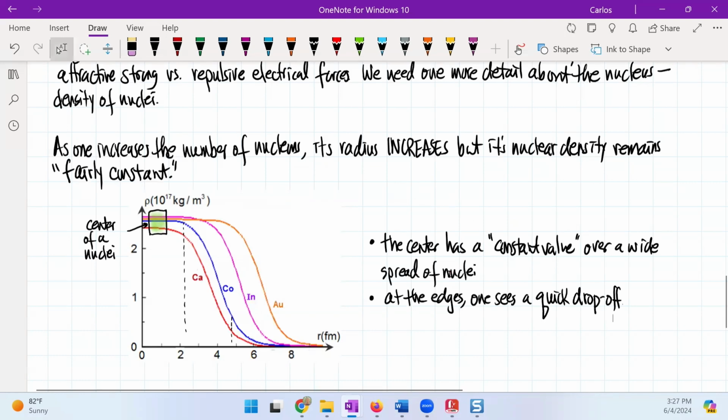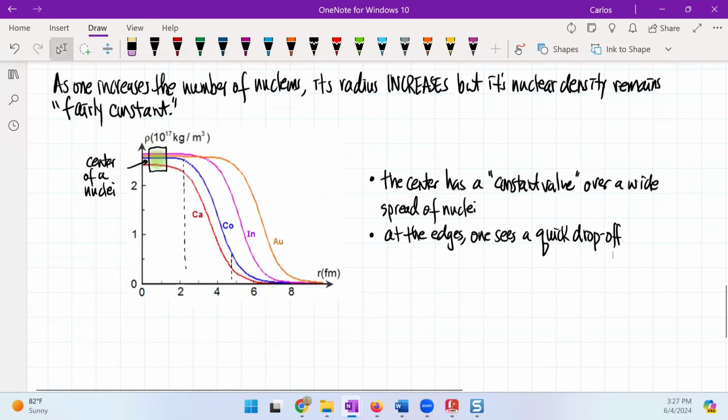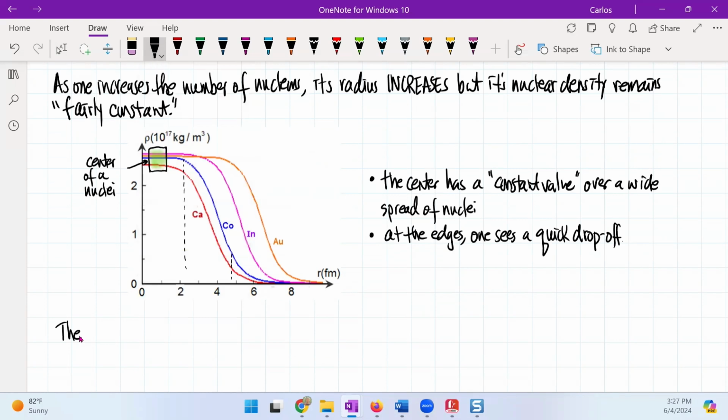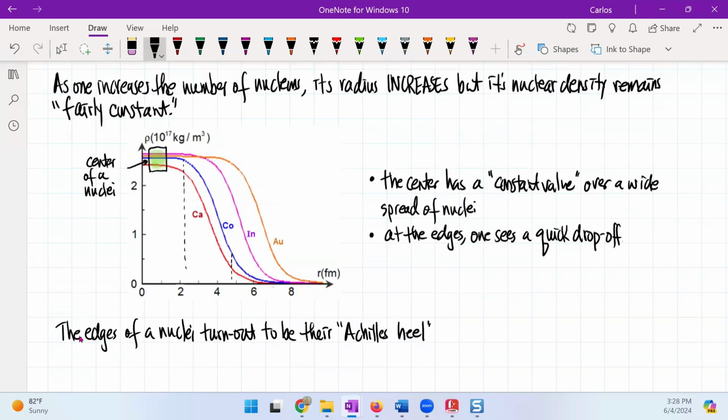The density goes to zero very fast. So here we go. It turns out the edges of a nucleus turn out to be their Achilles heel. It's their weak point.